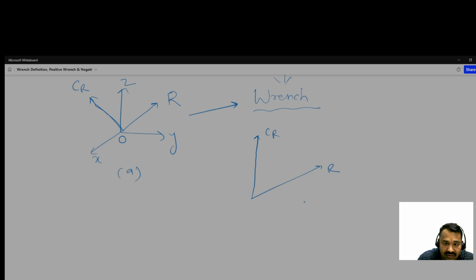One is CR perpendicular, and this will be CR.